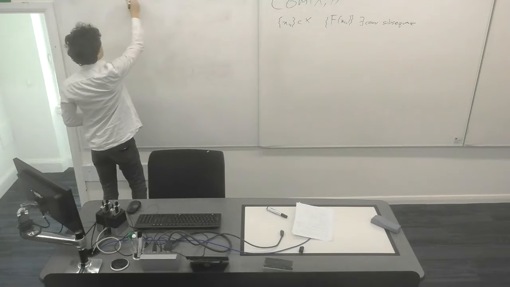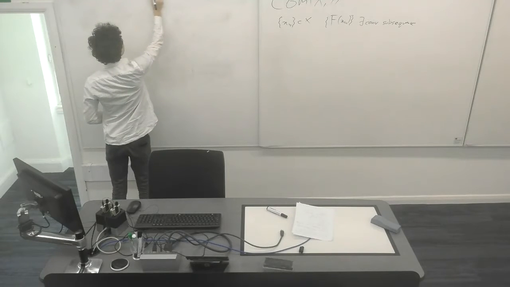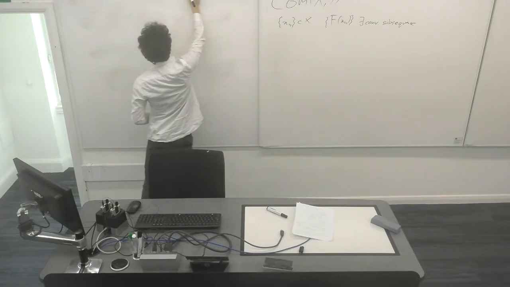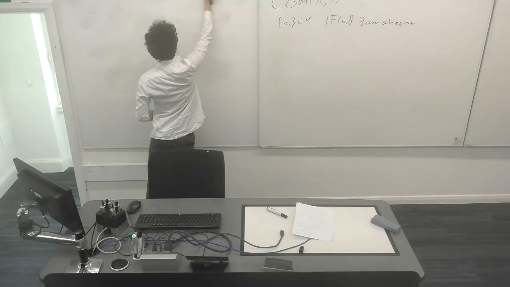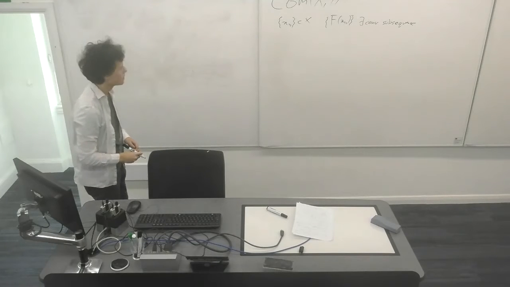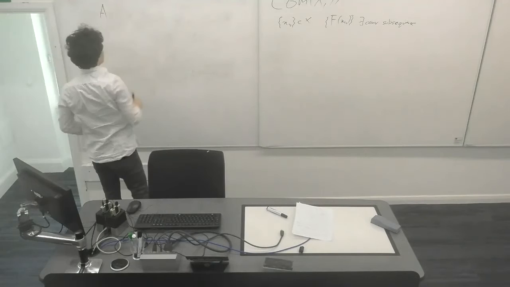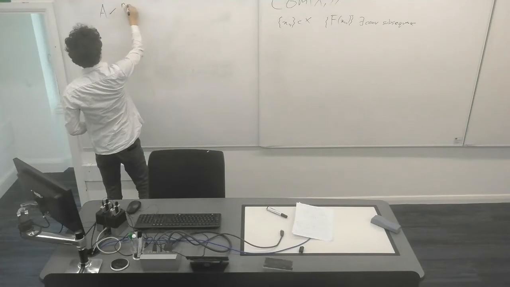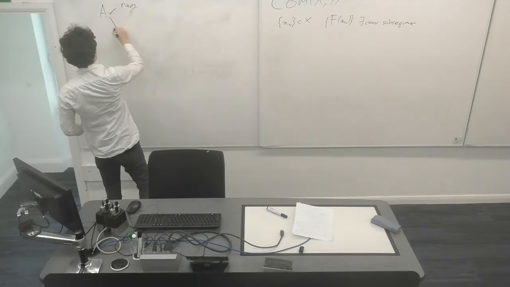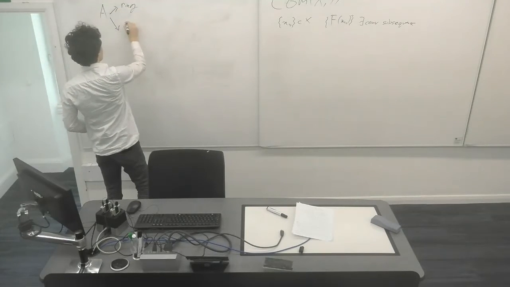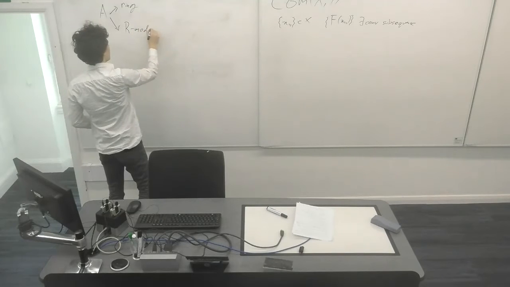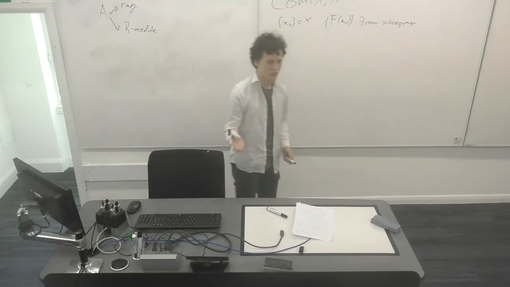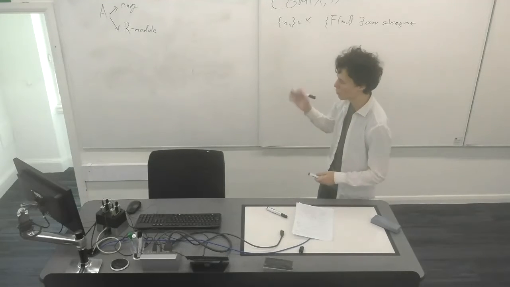We call an associative algebra a set A which is at the same time a ring and an R-module. You know what a module is? It's a vector space, but instead of having a field, real or complex, you've got a ring.